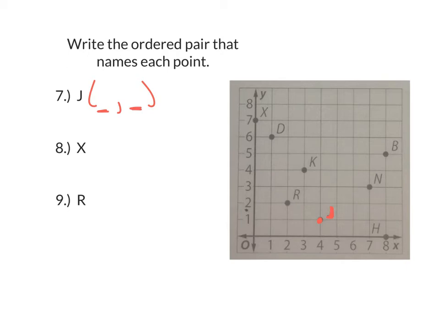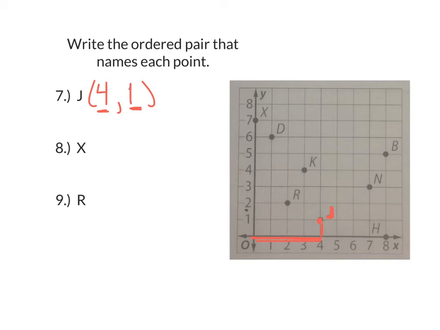So if we were to start at the origin and go over first, then up, we see that we would go over 4 units. That means along the x-axis, our x-coordinate is 4. And it only took us 1 unit to get up to point J, so our y-coordinate is 1.